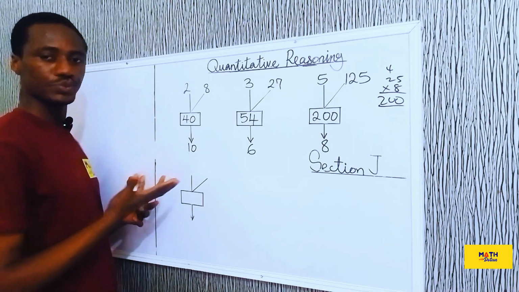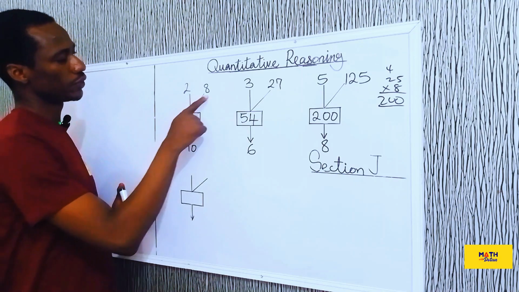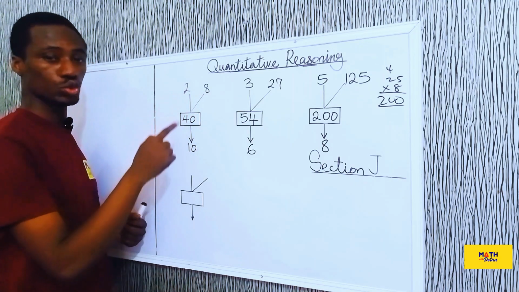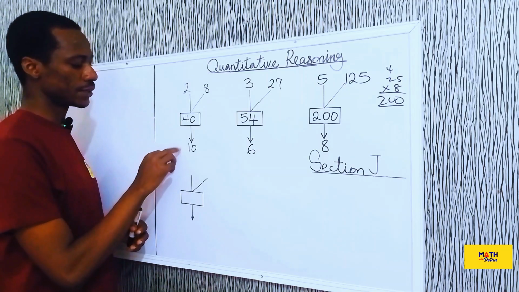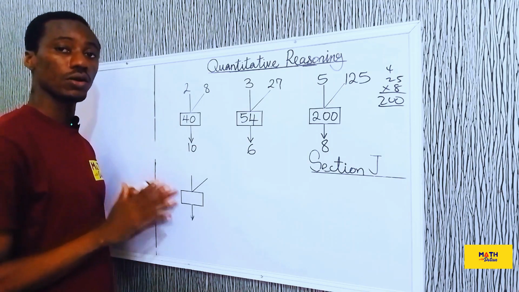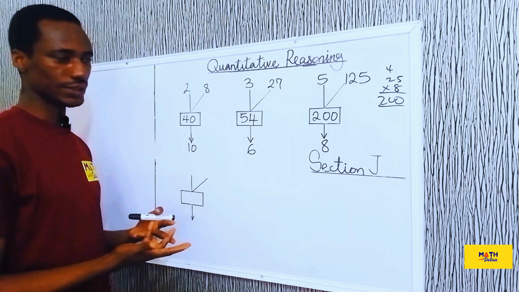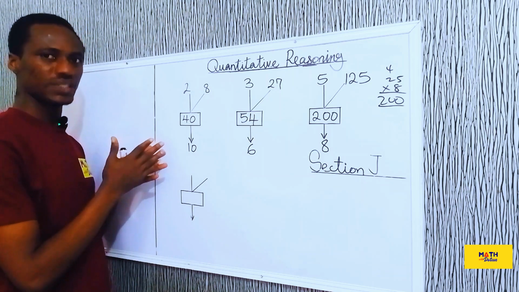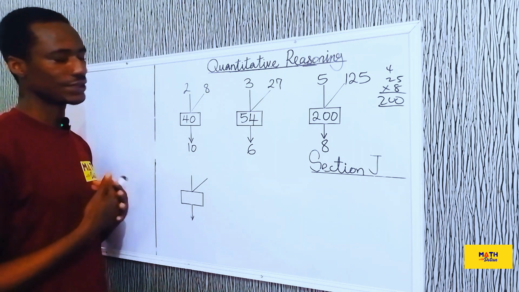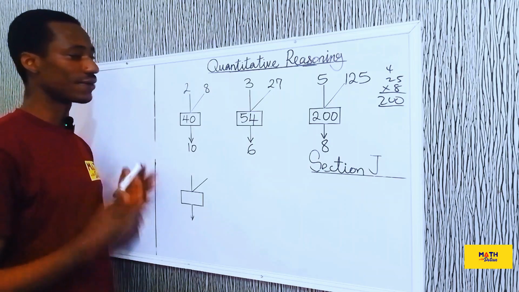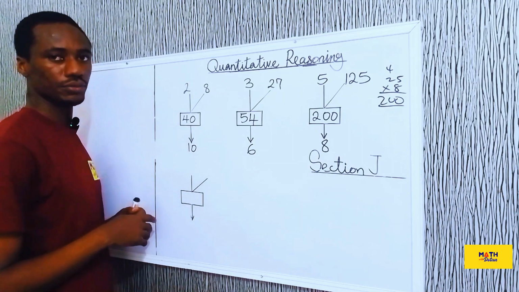So that means we divide 8 by 2 and we multiply the answer by 10, we have 40. All right, this is my own analysis. So with what I've done here, there should be another way you can get that same answer, without having to go my own way.